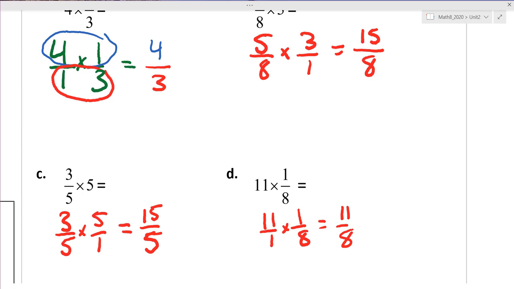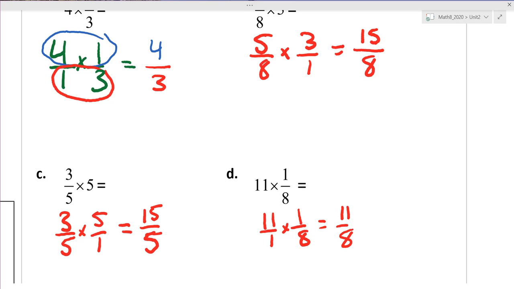Yes, Noah? Can we do C? Yeah, C we can simplify. Both 15 and 5 end in 5, so they're multiples of 5. So what does it simplify down to? I had 5 times 1, and then 5 times 3, and then I canceled out the two 5s.